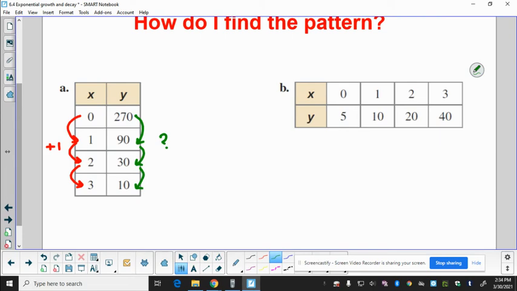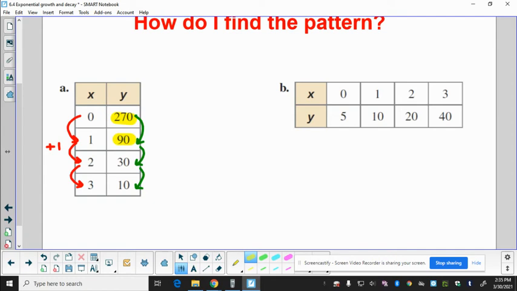Well, if it is exponential growth, then we know it's created by a process of multiplication. So I'm wondering if we take a look at a couple numbers that are next to one another, can you determine what the multiplication factor is between those?